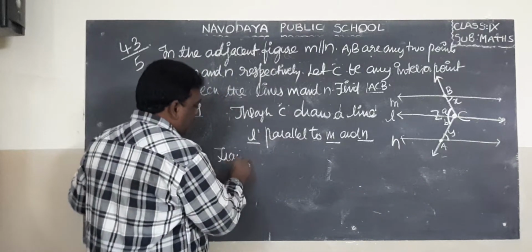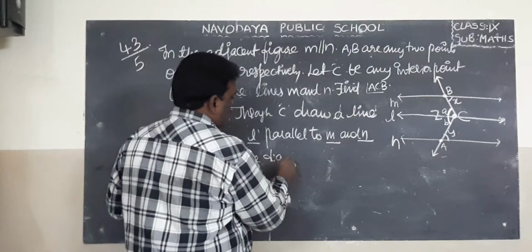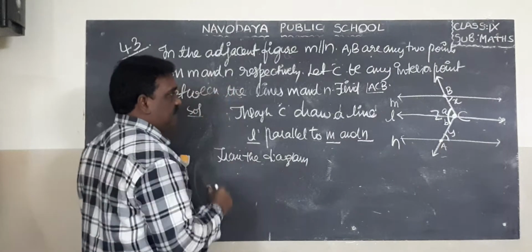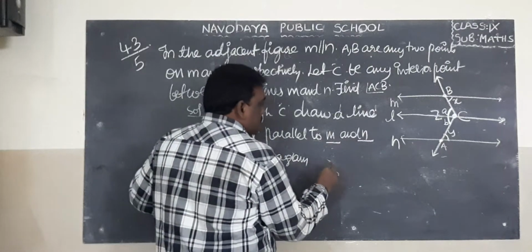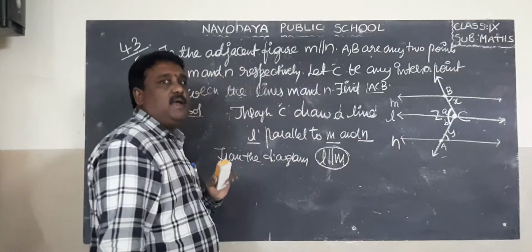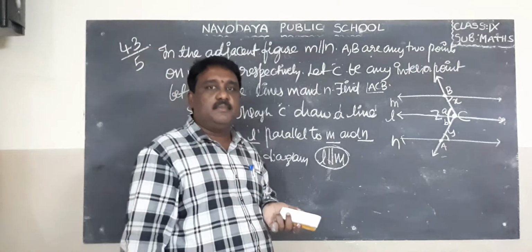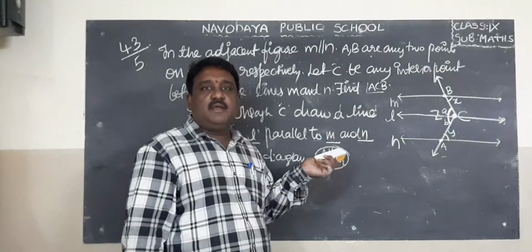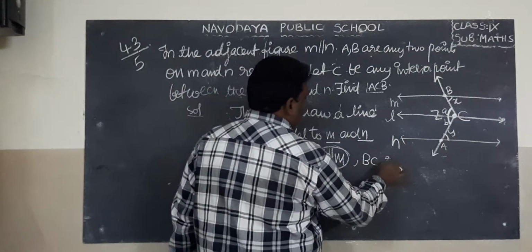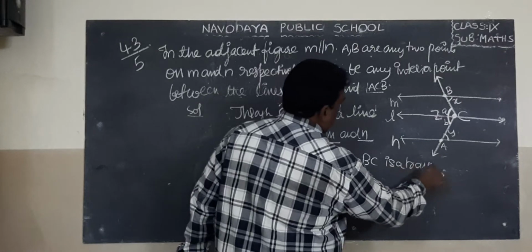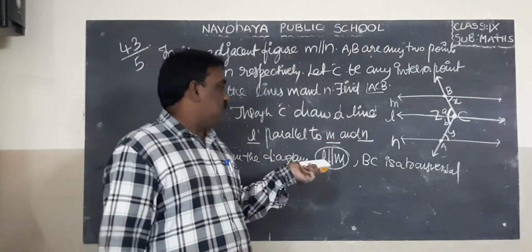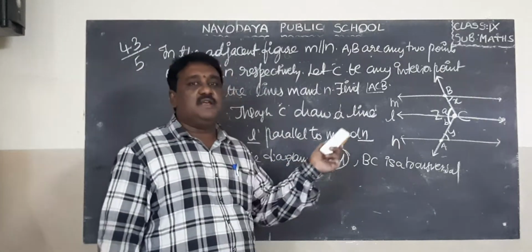From the diagram, observe clearly. L parallel to M. According to construction, L is parallel to M, and BC is a transversal.